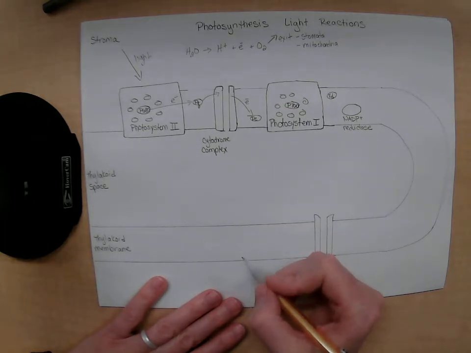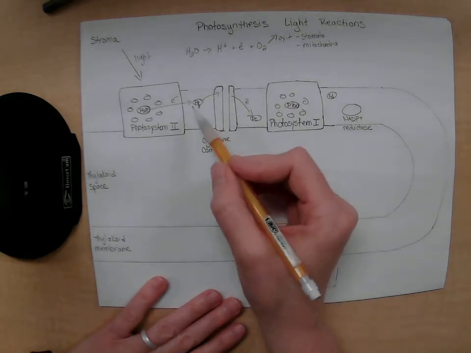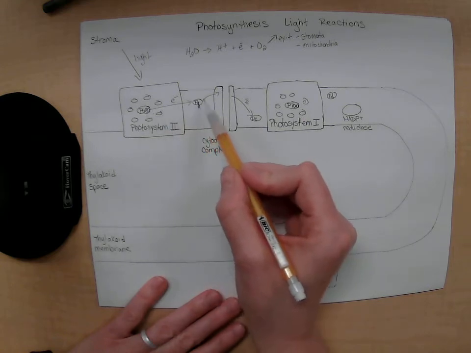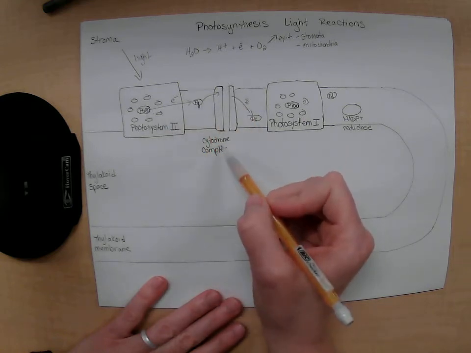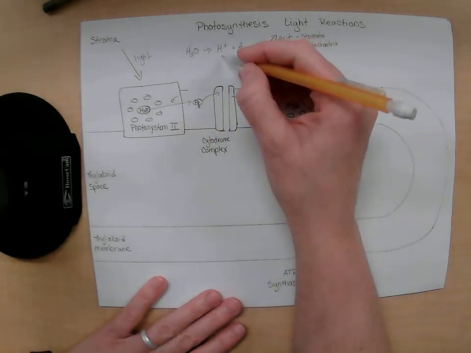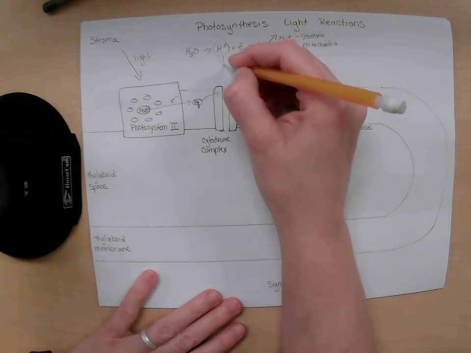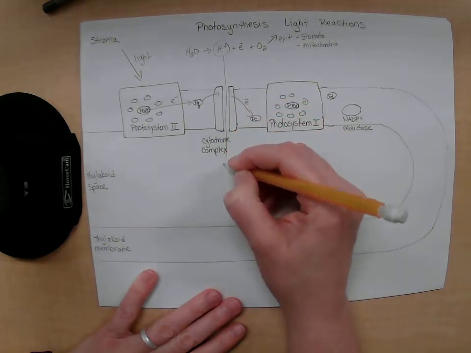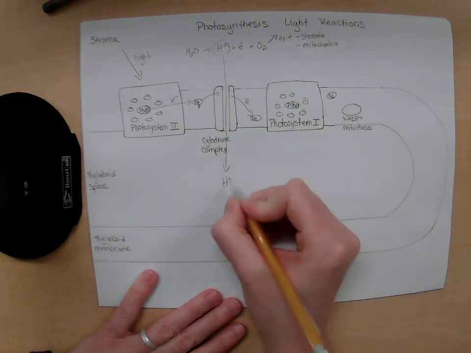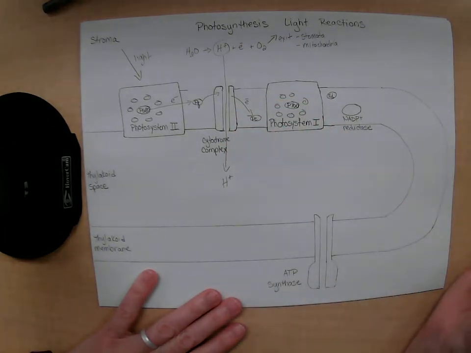So first we're going to talk about the hydrogen ions. And when these electrons jump through the cytochrome complex and open it up, it's actually so that these hydrogen ions can go through the cytochrome complex and start building up inside the thylakoid space.